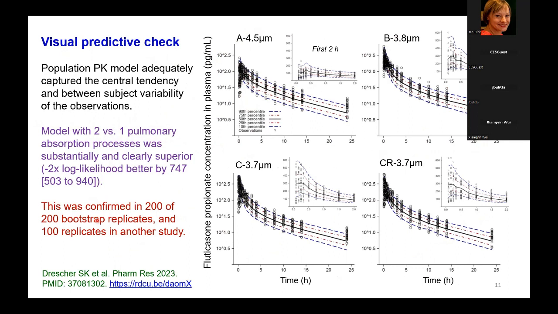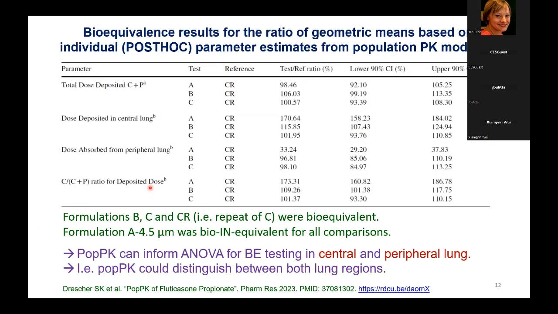And in 200 out of 200 cases, the model with 2 pulmonary processes clearly won over the one absorption process model, and this was by a very large margin. So if a drug has biphasic lung absorption, PopPK very clearly could identify that it was biphasic. Not a close call whatsoever.